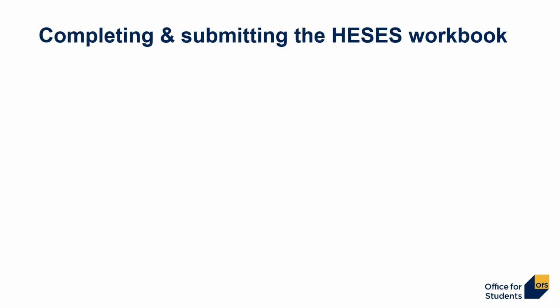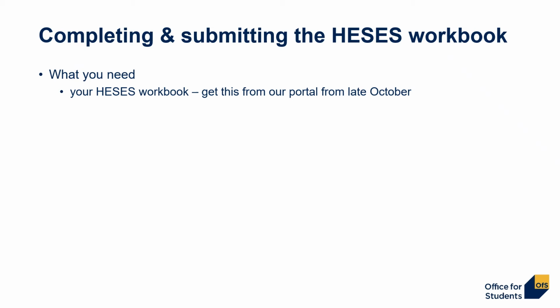Let's outline what's needed in order to complete HESES. Providers will need the HESES workbook itself. This is available from the OFS portal from late October, and we will write to student data contacts at each provider when they are available.